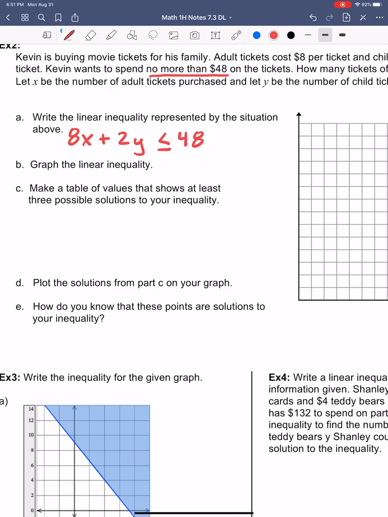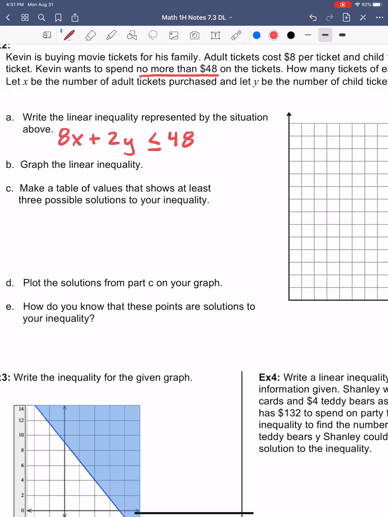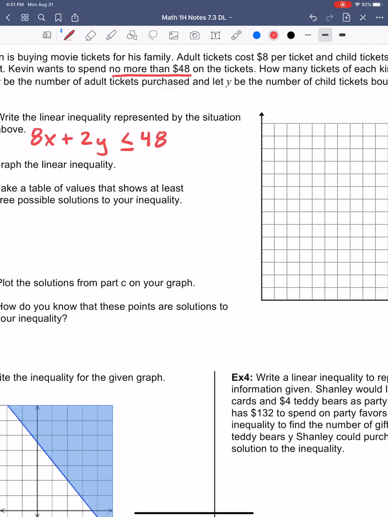Okay, now it's going to ask me to graph this inequality, and so I can do that using the x and y intercept as we've done in the past, right? So my x-intercept equation would be 8x, and I'm just going to set it equal to 48 for the solving purposes. I know that it's a less than symbol there, but for solving we can set it equal to.